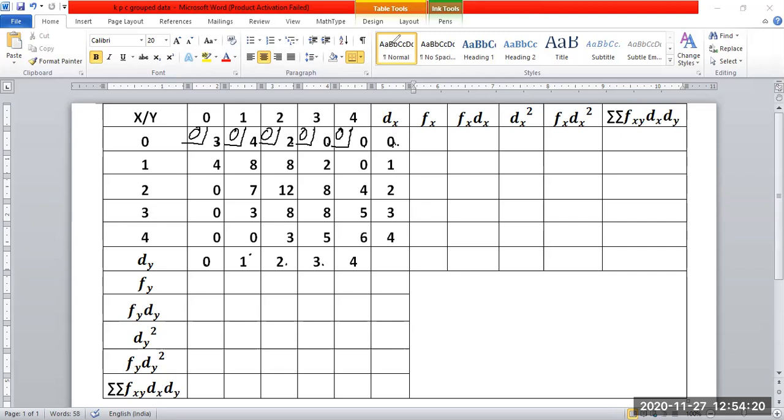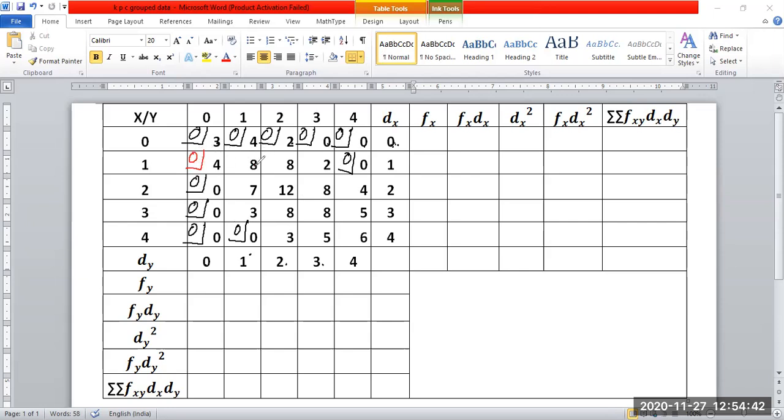Okay. Any number multiplied by 0 should be 0 only. Yes. This is also 0. This is also 0. This is also 0. Then here also goes to 0. Then this number also goes to 0. Okay. Let me multiply. Yes, this one. Concentrate here. Oh, this is also 0.